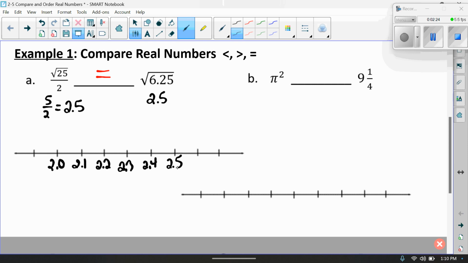I'll put another one on, 2.6. When you plot it on the number line, you just put a dot where it belongs, and then you label it with the original format. So here we are going to label this the square root of 25 over 2, and we're also going to label it square root of 6.25.